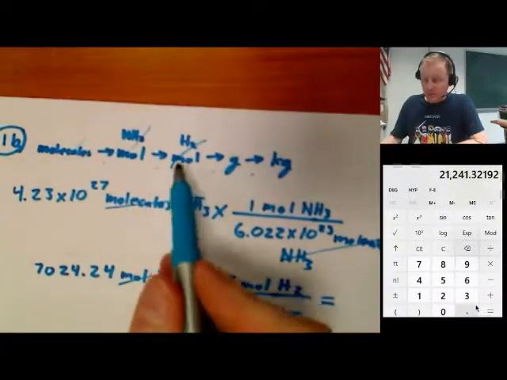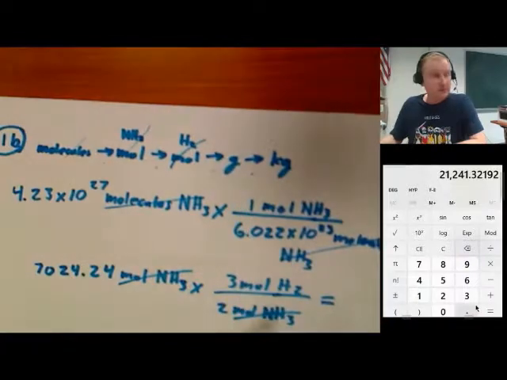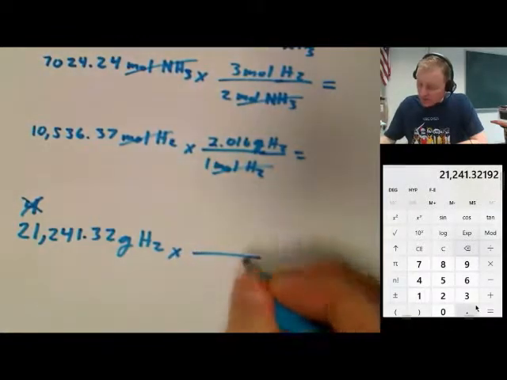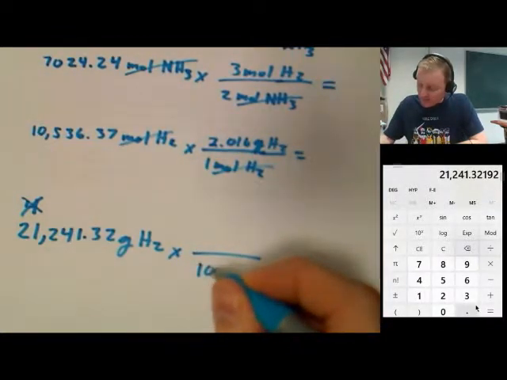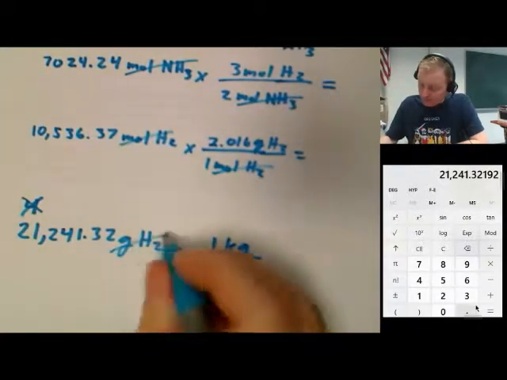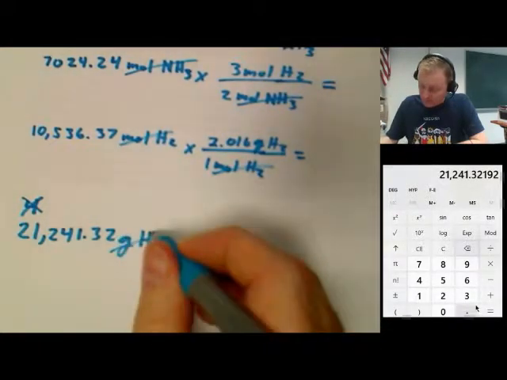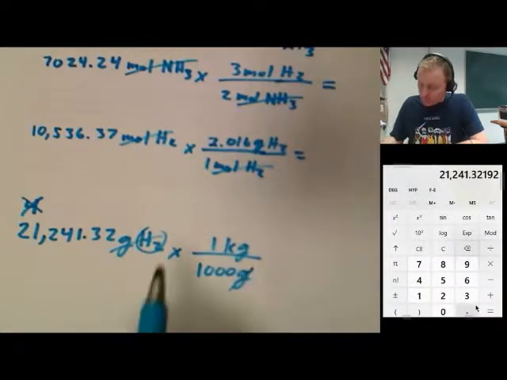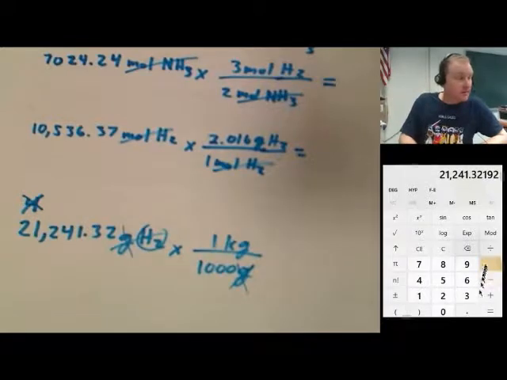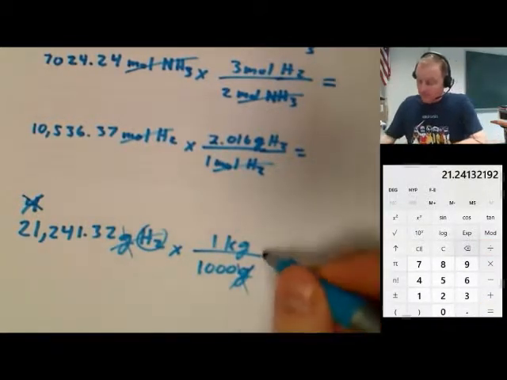So what we did here, we took moles of H2, and now we're in grams. And the last thing is I've got to convert this into kilograms. For every 1,000 grams, there's 1 kilogram. These cancel out. So let's take this number and divide it by 1,000.